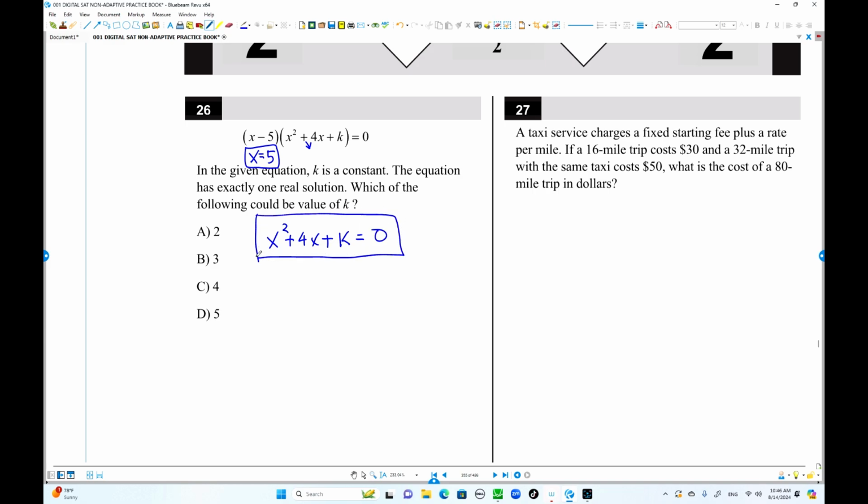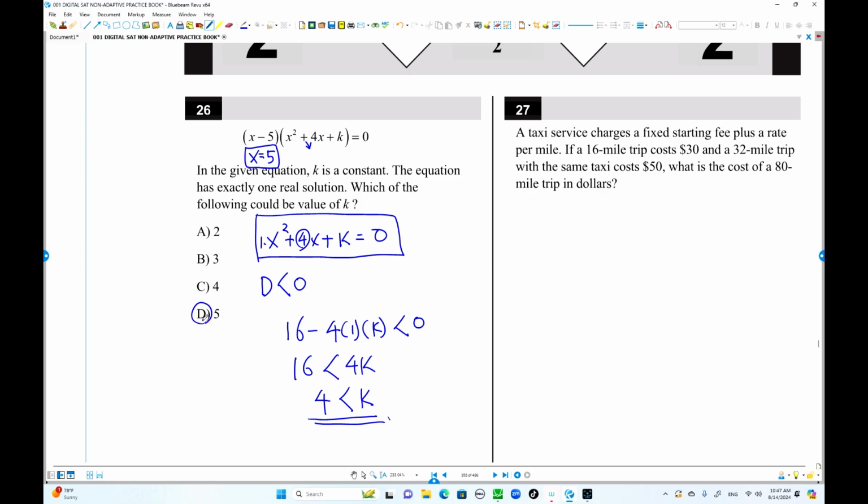What does that mean? Imaginary roots, right? So the discriminant of this equation must be less than 0, okay? What is the discriminant? b squared, 16, minus 4 times 1 times k must be less than 0, okay? So 16 is less than 4k. So k, when you divide by 4, must be greater than 4, right? Only this number is greater than 4, so option D is the answer, okay?